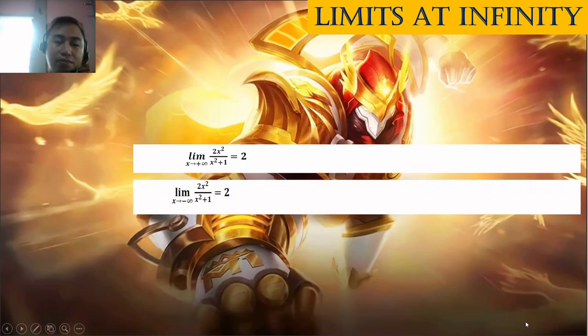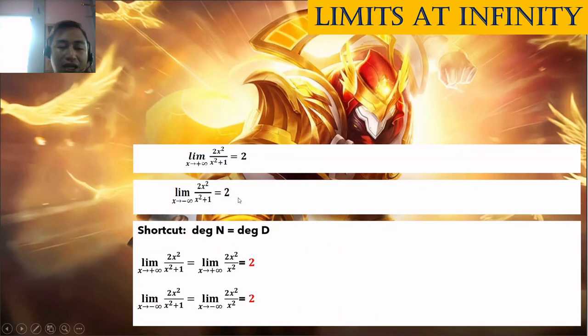Next. Okay, muna itong example ganina class, katong limit of 2x squared, katong nag-table ta over x squared plus 1. So 2, and then as x approaches to positive infinity o negative infinity class, the same lang, the answer is always 2. Ito na yung table ganina. So ito siyang isolve class sa shortcut na to.